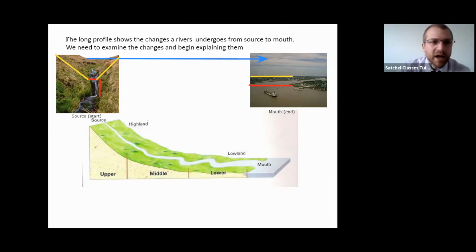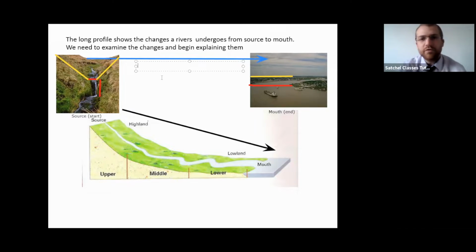So you can match these changes based on the diagram that we have as well, showing how the river changes from source to mouth. So hopefully there are a few characteristics that you can identify are changing. Okay, so first of all, it looks like the image on the left, the river is really narrow.